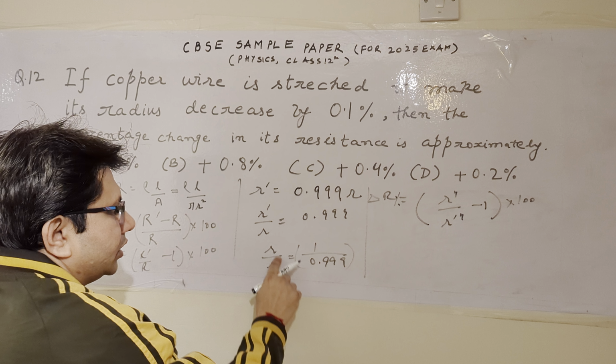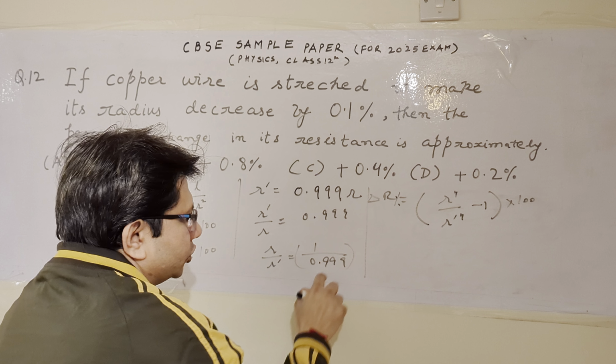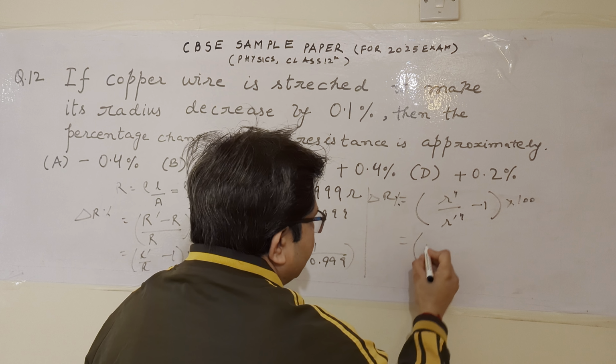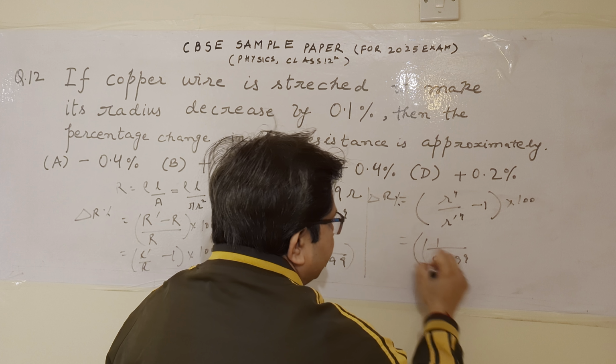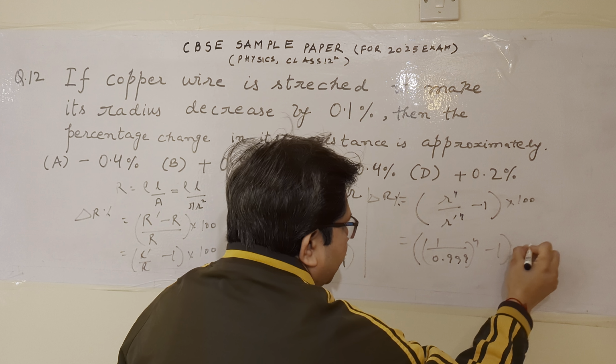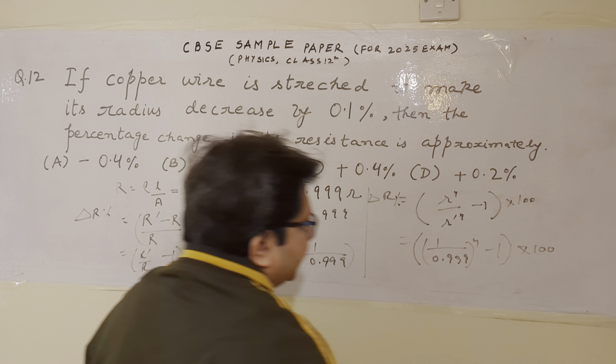Now we know that r upon r dash is 1 upon 0.999. So this becomes 1 upon 0.999 to the whole power 4, minus 1, multiplied by 100.